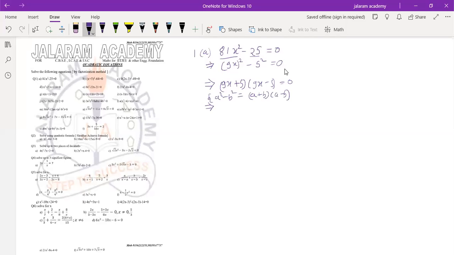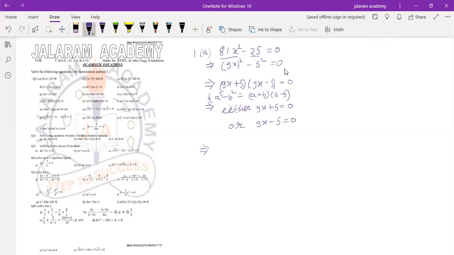Okay. So next line. And then, sir, we will solve it. It implies either 9x plus 5 equals to 0, or 9x minus 5 is equal to 0.